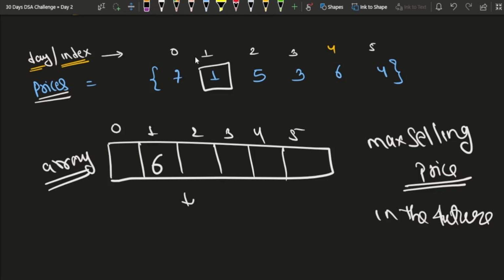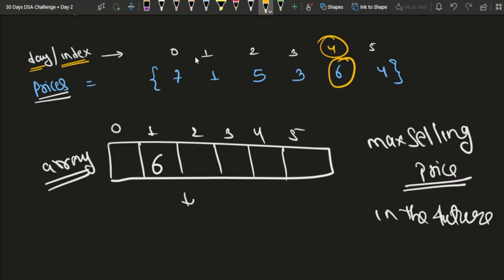Now again, let's say I decided to buy the stock on day number 4. Then can you tell me what will be the maximum selling price in the future? We have just 1 day left.